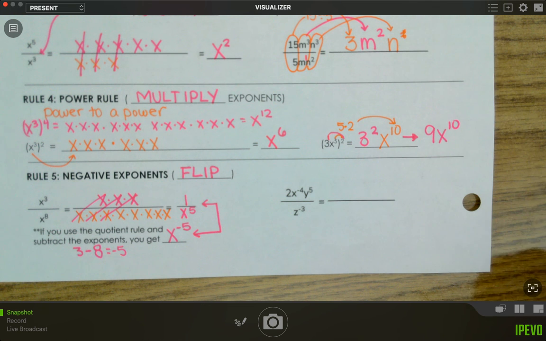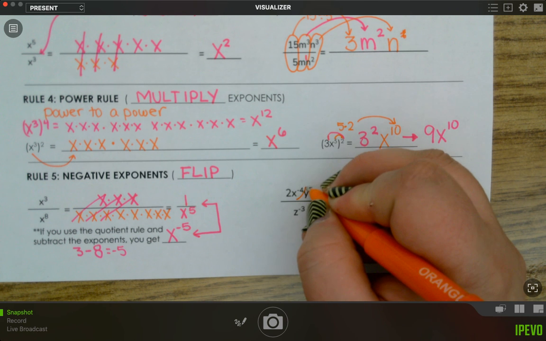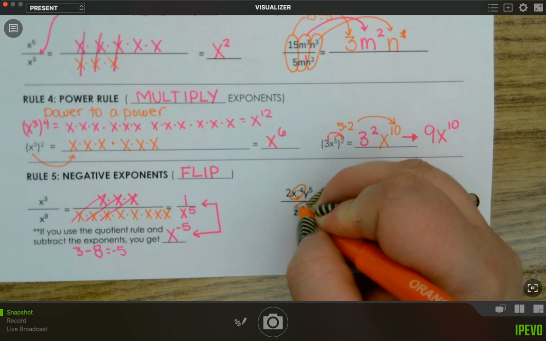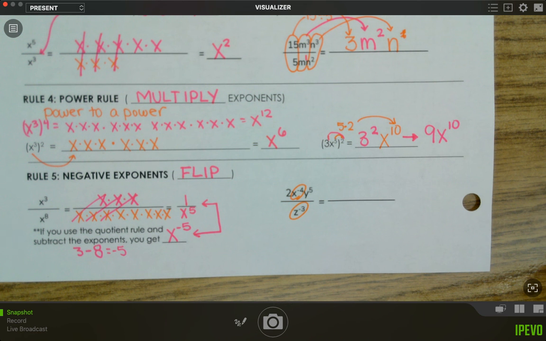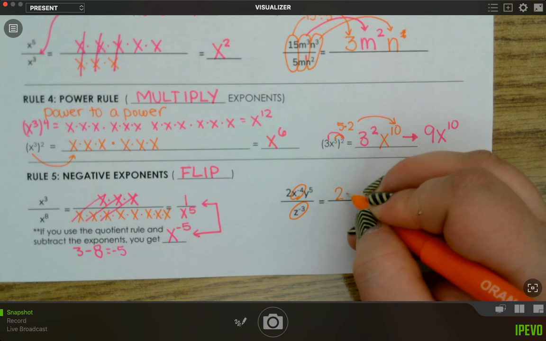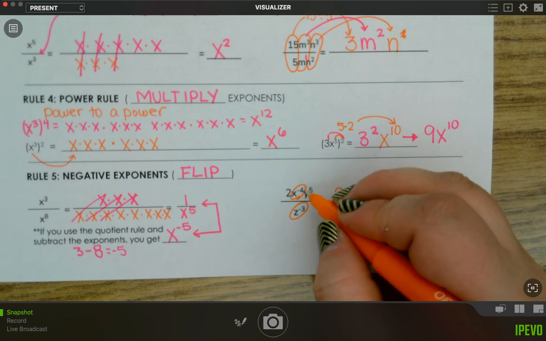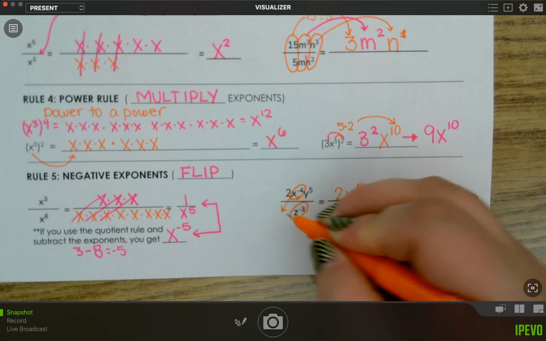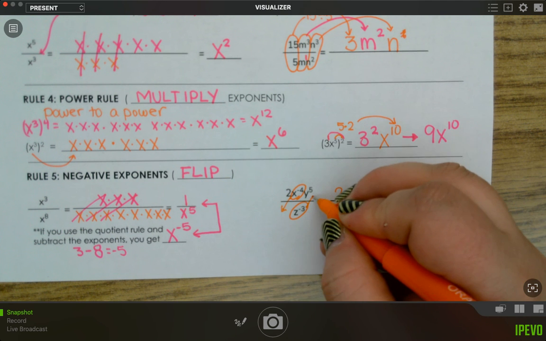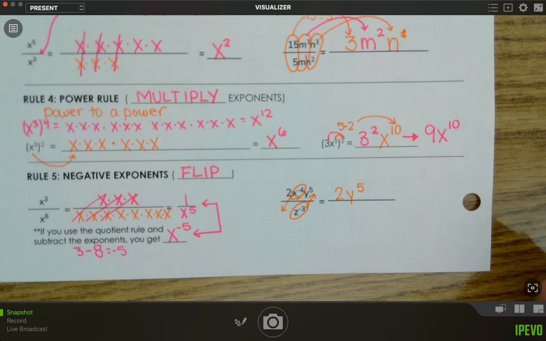So looking at this next example, only the x and the z have negative exponents. The 2 and the y don't, so they get to stay right where they are at on the top. But the x has to move down, and the z has to move up. So wherever it's at, it has to move to the other side.